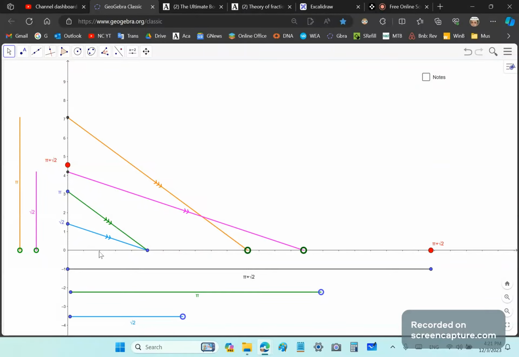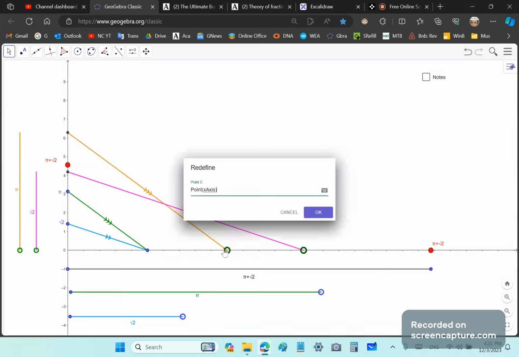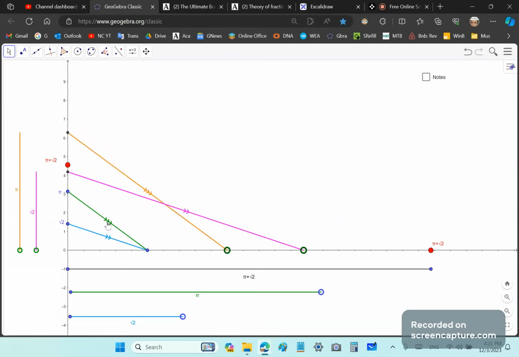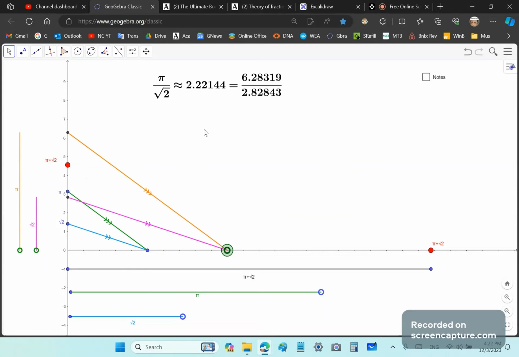So this line here would be the consequent, but it can be any other line. So what I've done here is I've taken any parallel line to the green line and any parallel line to the blue line. If I arrange those lines so that the points coincide, I'm going to have the same ratio, in other words, the same quotient.